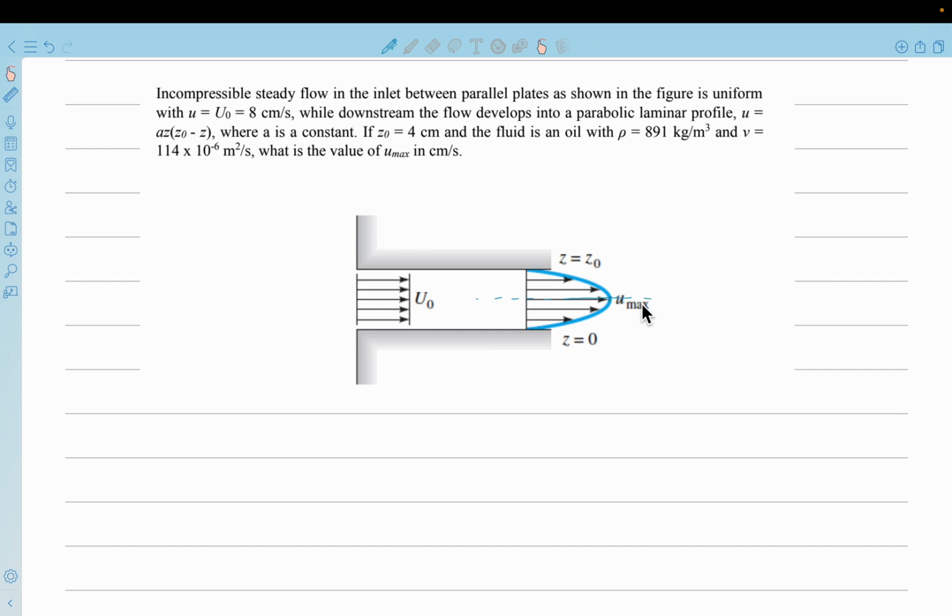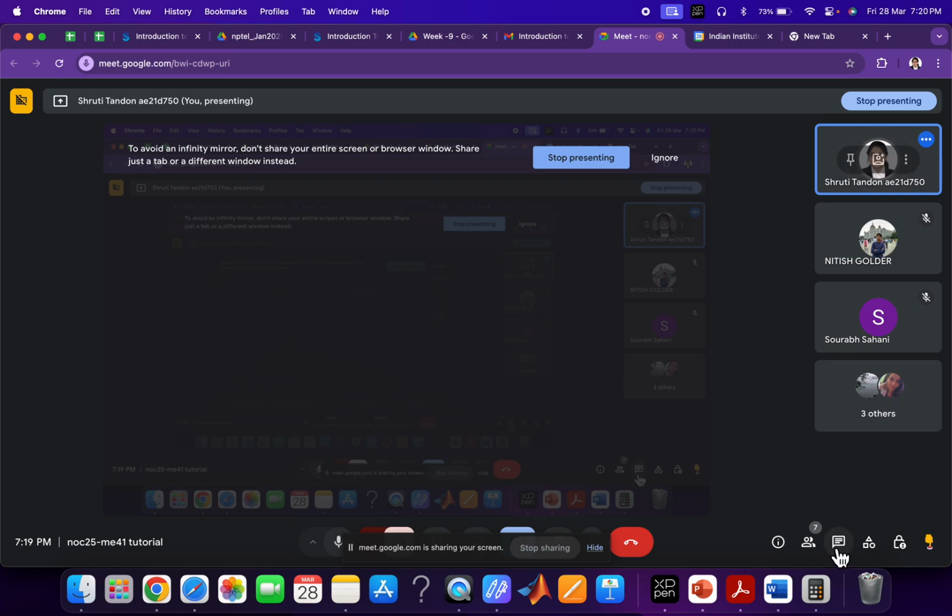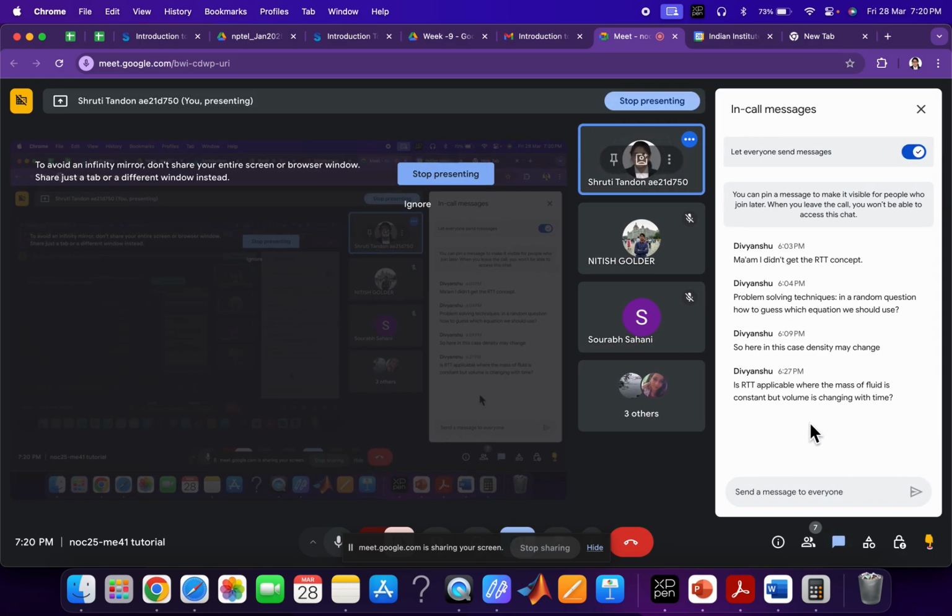So what equation do we use? Do you want to use mass conservation or momentum conservation? What do you think is applicable over here? I think one of you asked this question in the chat: how to guess which equation we should use?